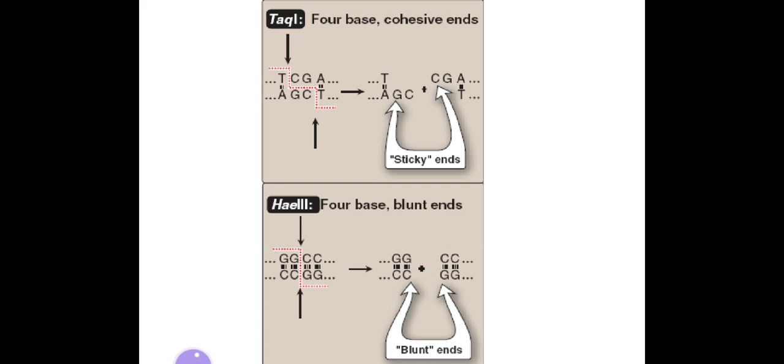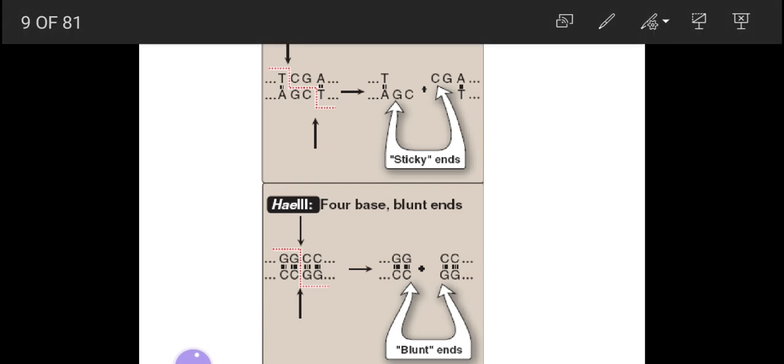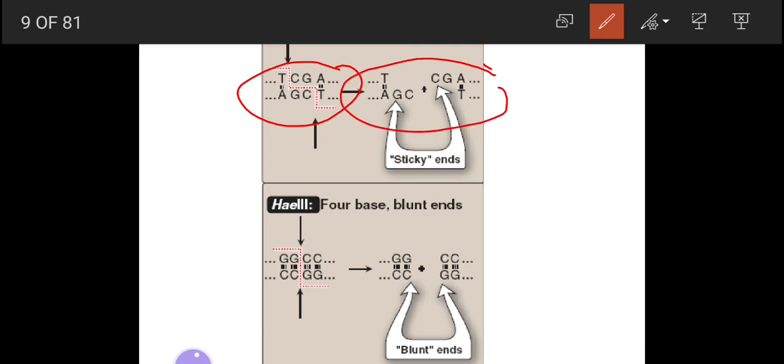TaqI is a restriction endonuclease which recognizes the 4 base pair sequence TCGA, right? And when it attacks this 4 base pair sequence which is specific for TaqI, it will produce sticky ends.